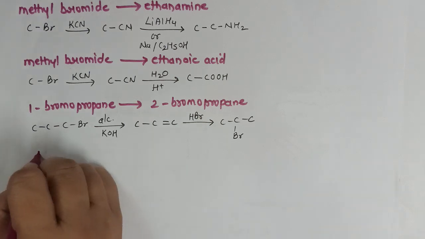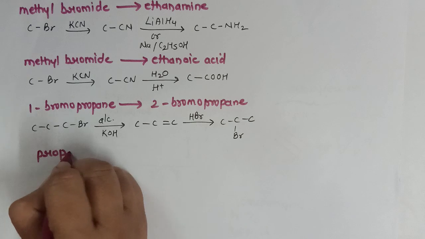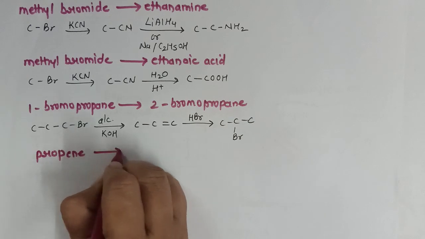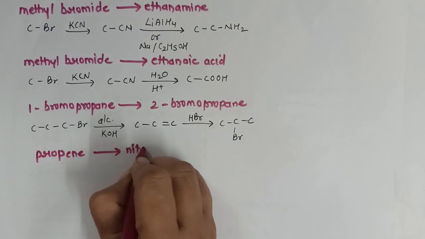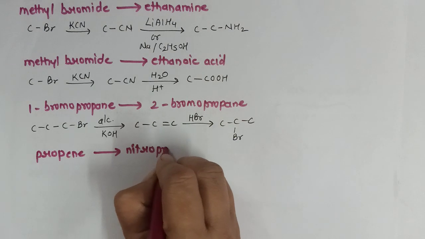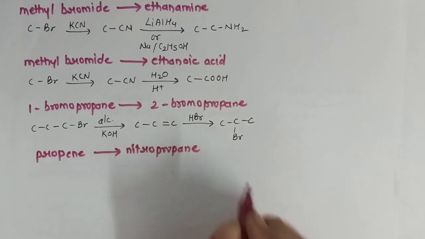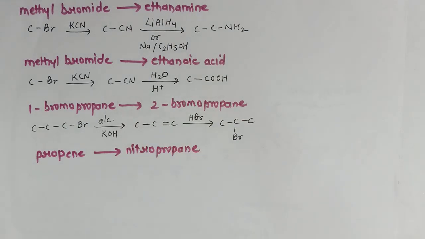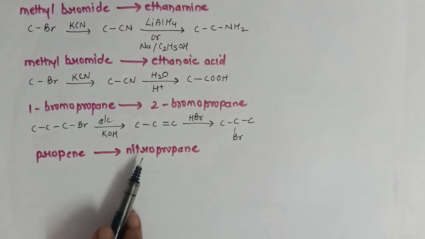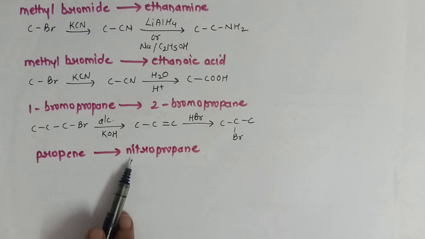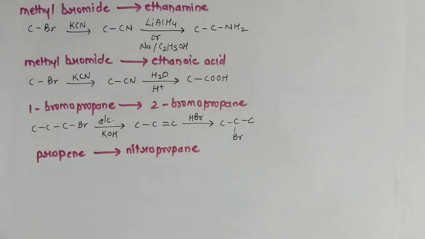The next conversion is propene to nitropropane. For introducing nitro, we require AgNO2. But for AgNO2 again we need a halogen.